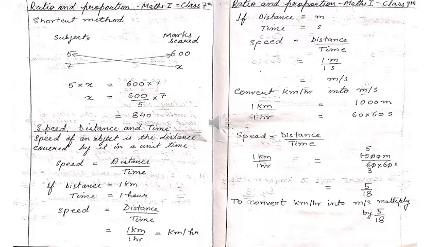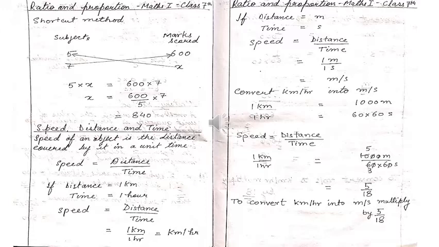Now here, for example, if the distance is 1 kilometer and the time is 1 hour, the speed is equal to distance upon time, which is 1 kilometer upon 1 hour. The speed will be 1 kilometer per hour. Now another way, if the distance is in meters and the time is in seconds, the speed will be meter per second.